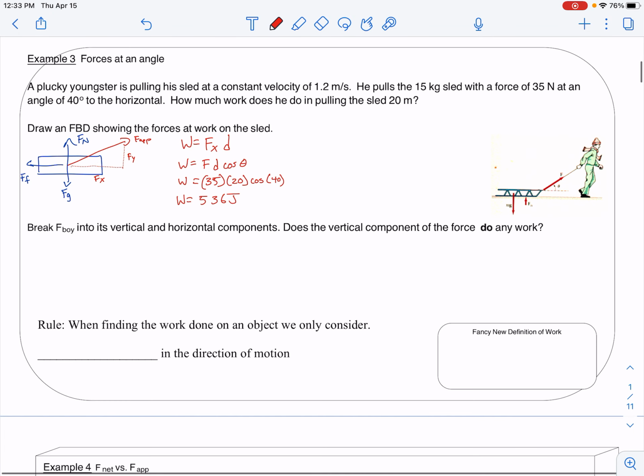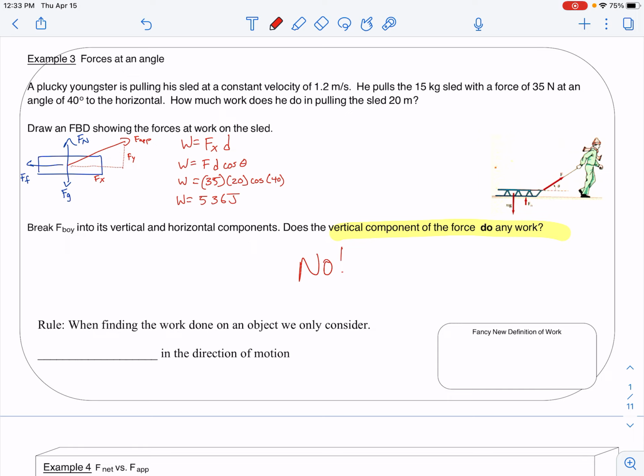Now, the key thing here is we are pulling this in the X direction, not in the Y direction. While there is some force pulling it in the Y direction, this is not the direction that we are moving our object. So does the vertical component of the force do any work? The answer is no, because in the Y direction, the displacement is 0.